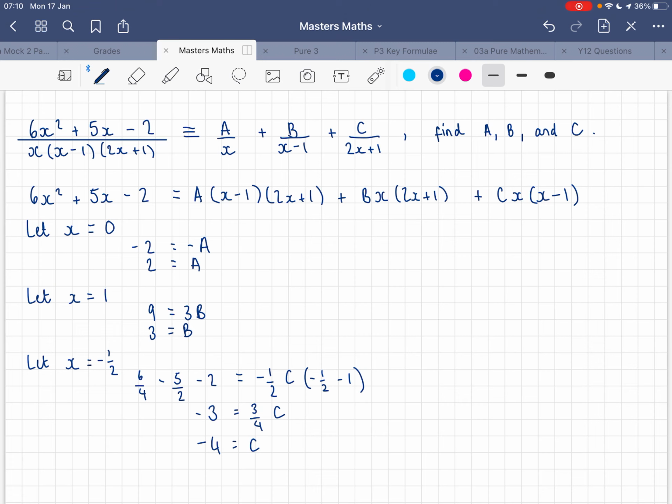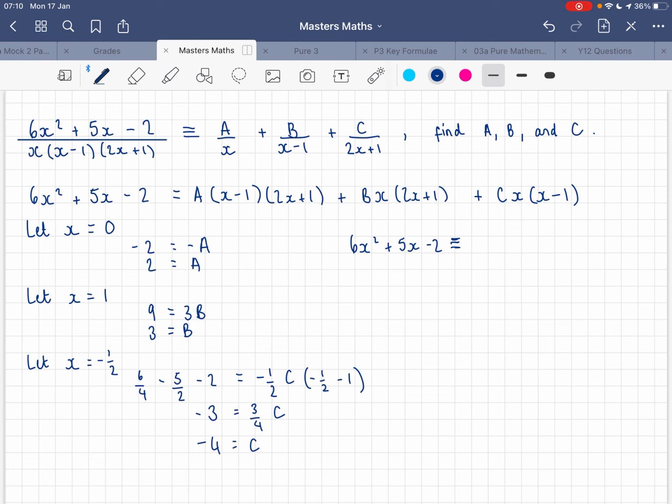Now I've got what a, b, and c are. I can put them back into the partial fractions and I have my solution. So 6x squared plus 5x minus 2 is identical to, they should be 3 lines. Obviously, if you miss that in an exam, you're not going to miss a mark. But mathematically, to use the proper notation, they are identical to whatever value x takes.